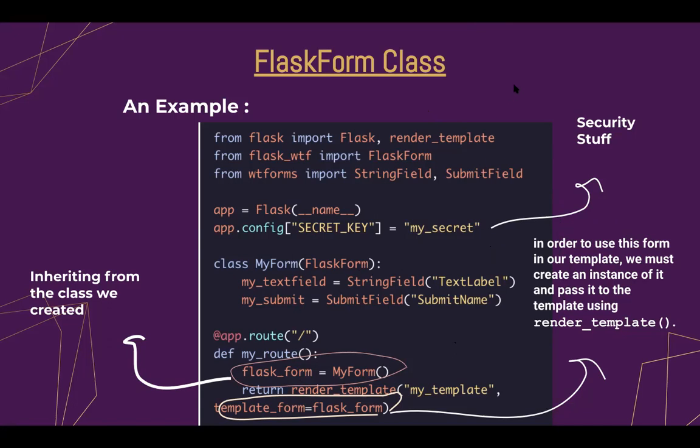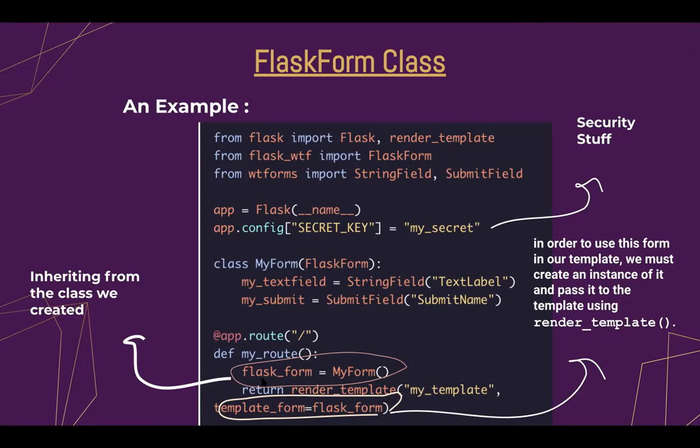Okay, so this is my route. This is just a function we're using for the homepage. I created a class here called MyForm. I have a text field and a submit button. Then I created an instance of my form and stored it in Flask form.